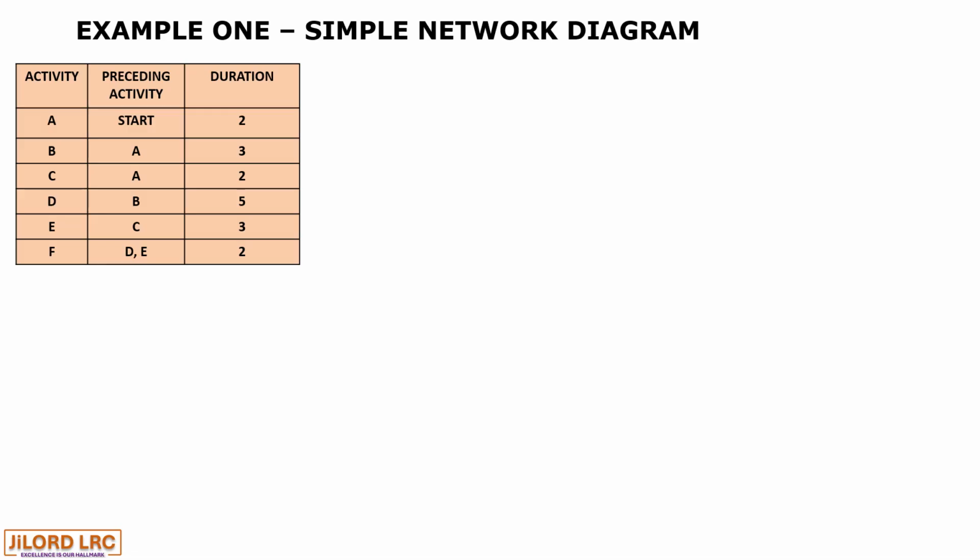We are quite familiar with this information because we looked at this in our previous lessons, especially in the construction of the Gantt chart. We need to sketch how the network diagram would look like before proceeding to draw the actual precedence diagram.